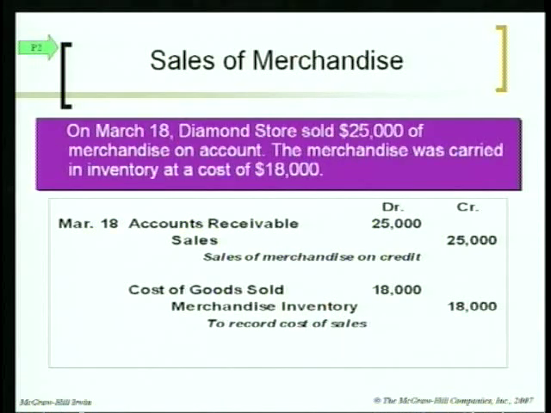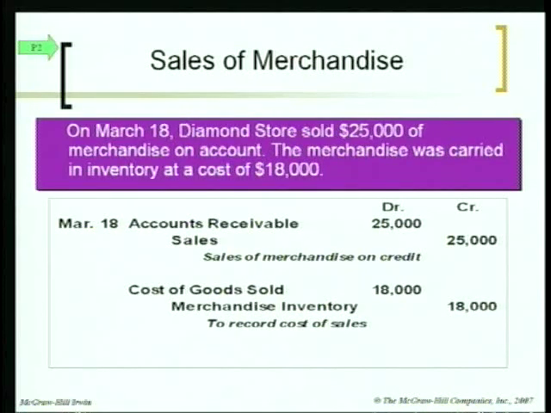First entry. Here are going to be the higher numbers, usually, where you have to keep track of how much revenue you earned in that sale and how much the customer owes you, right? So you debit accounts receivable and you credit sales for $25,000 in this instance. But you also, since we perpetually or on an ongoing basis keep track of our inventory, we have to make this second entry too.